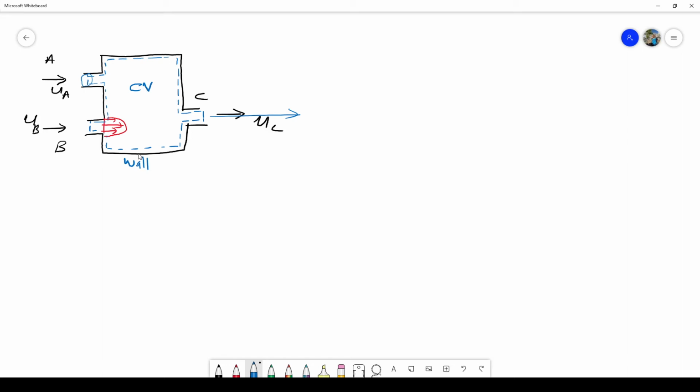Next is to link this problem with the equation that we saw just now.